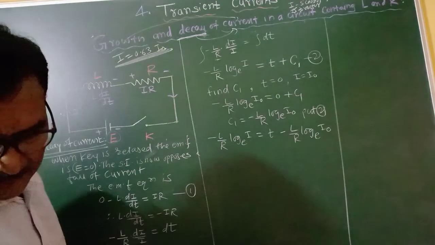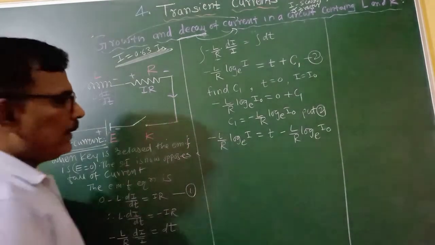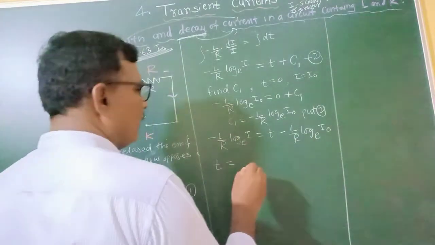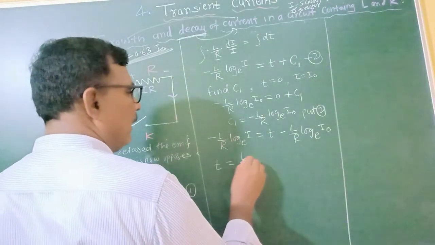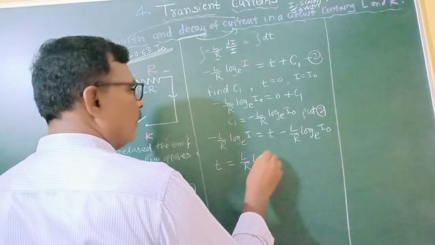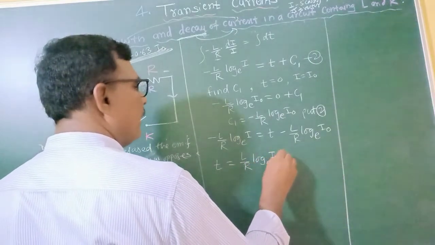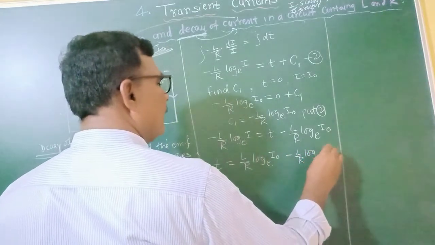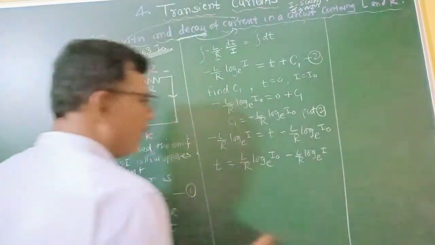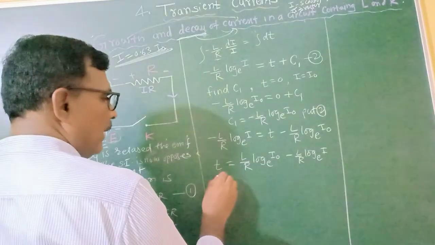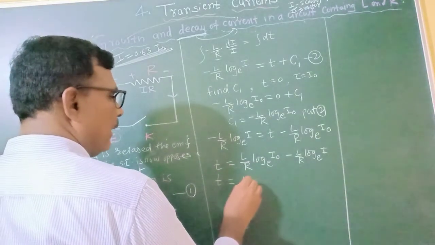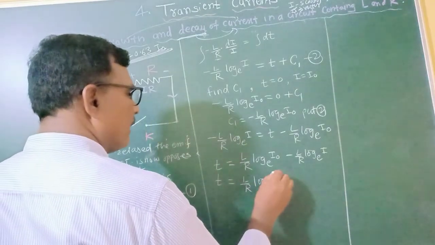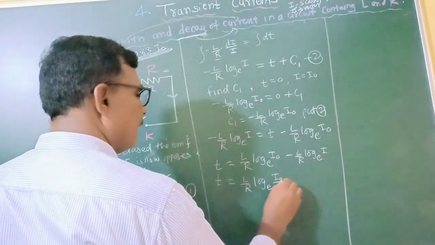So t equals plus L by R into log to the base e of I0 minus L by R log to the base e of I. Using log A minus log B equals log of A upon B, with L by R as the constant, t equals L by R times the logarithm to the base e of I0 by I.